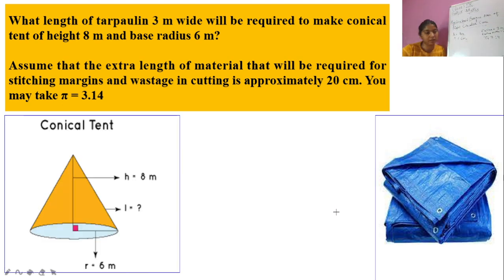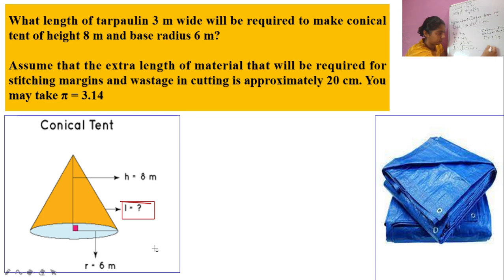So see, the conical tent is there whose height is 8 meter, but slant height is not given to you. So we will calculate the slant height. What is the purpose of finding the slant height? How will you find it? Yes, we will use our Pythagoras theorem. Very good. So apply that: l square is h square plus r square, l is equal to under root h square plus r square.